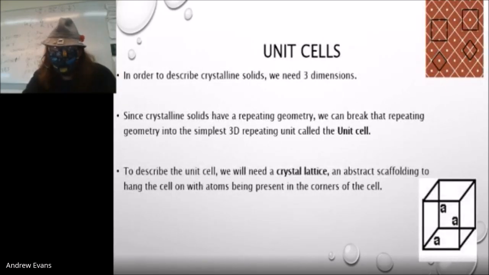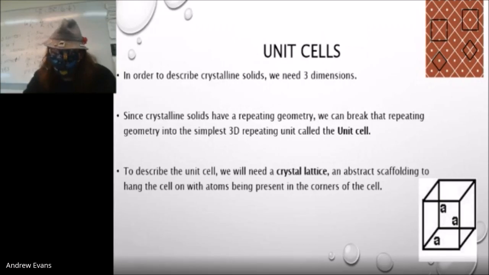But the first thing we will have to recognize is what's called a unit cell. To describe these guys, we need 3 dimensions. And since these crystalline structures have a repeating geometry, we can break that repeating geometry into the simplest 3D representation, which is called the unit cell.